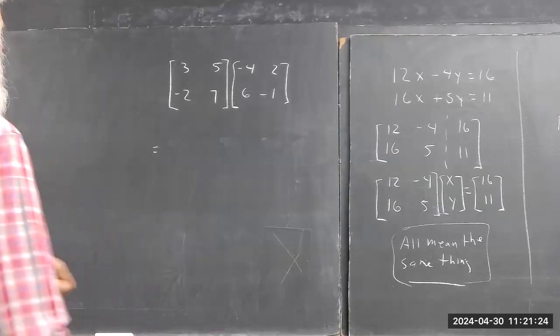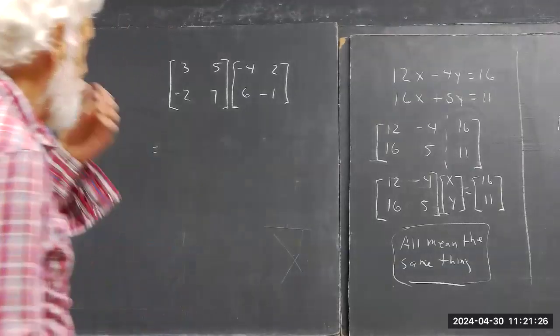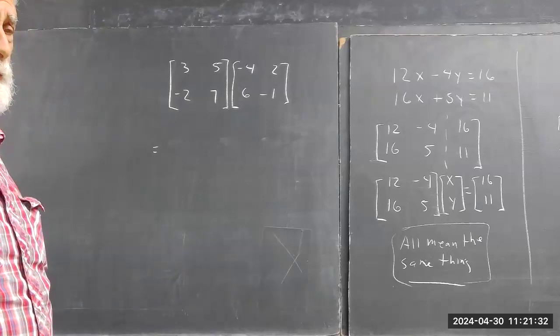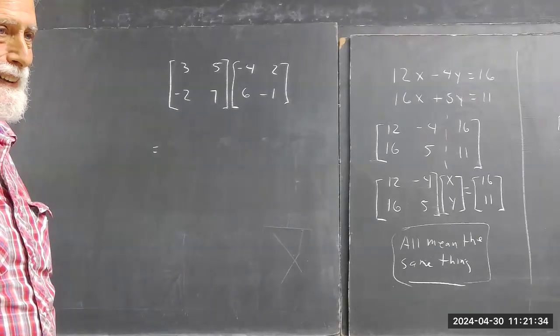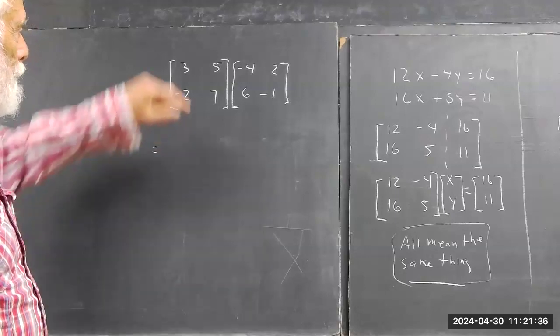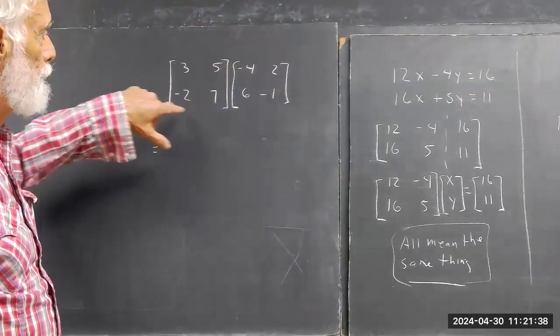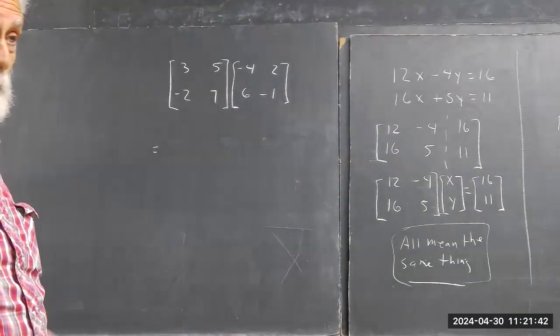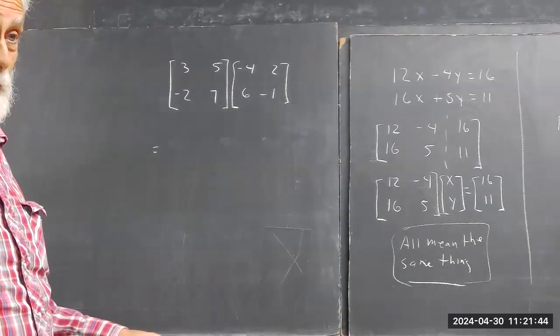Okay, now some people got it, some people did something else that's kind of obvious. But there's no such thing as row times row. Some people just did first row times first row, second row times second row, which makes perfect sense if you don't know the rules. So it wasn't a bad thing to do.